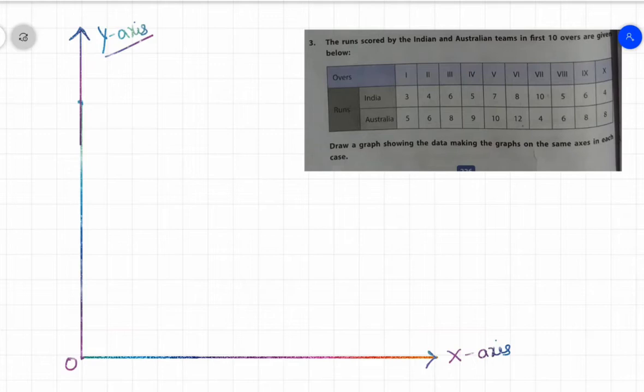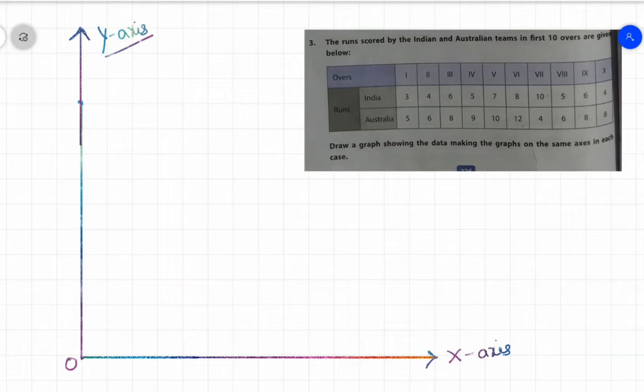That means you have to show the graph of India as well as Australia both on the same graph. How will you show? Here you have to make the graph between number of runs and overs as per the given overs. Now see here, first over, second over, third over, fourth, fifth, sixth, seventh, eighth, ninth and 10 overs were played. Now overs are your independent variable.